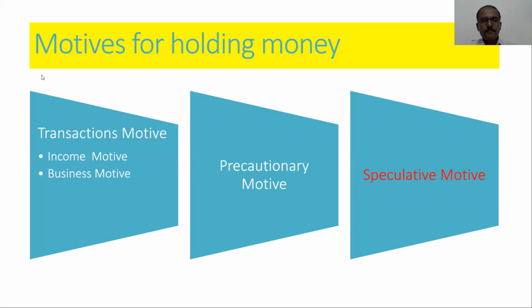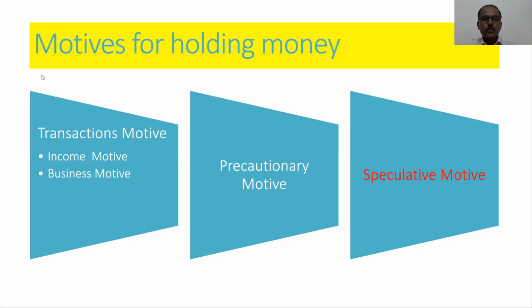Transaction motive, which is further divided into two sub-motives, we can say. One is the income motive and second is the business motive. What is the transaction motive? In order to lead our life in a meaningful manner, we need to buy many goods and services so that we can satisfy our wants.